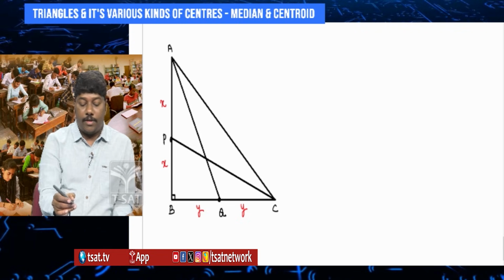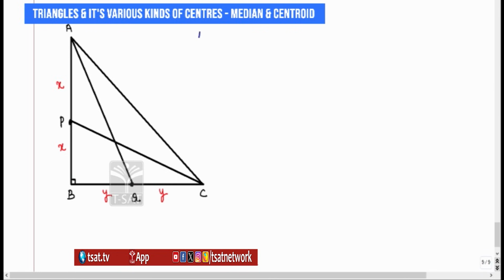First I would say AQ square is equal to, we know 2x whole square which is 4x square, plus y square. Median PC square is equal to x square plus 4y square. Add both of them.